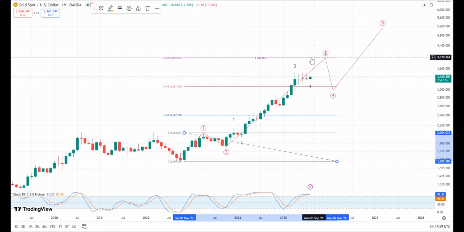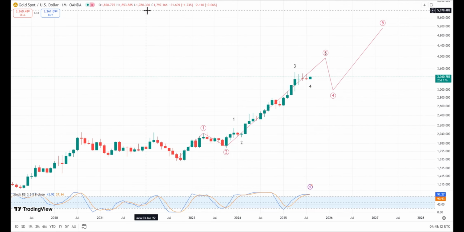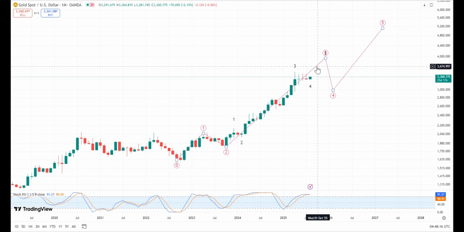So most likely 3.618 is our next target for wave 3. That's why we projected this. And we can't say this is a wave C because wave C cannot exceed 2.618 as a principle.